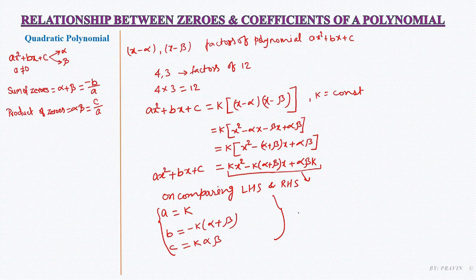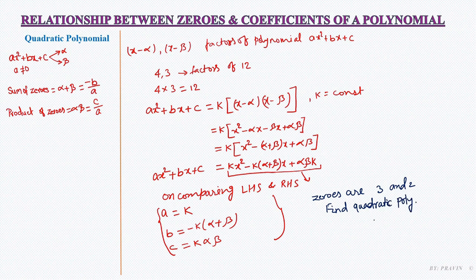Sometimes in a question you are not directly given a quadratic polynomial, but it is given that the zeros are, let's say, 3 and 2, and you will be asked to find the quadratic polynomial.